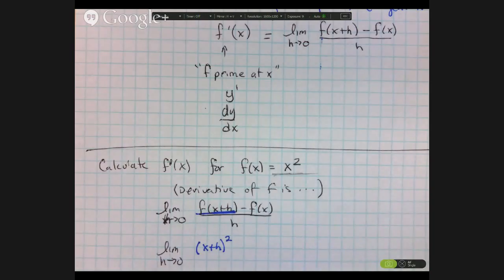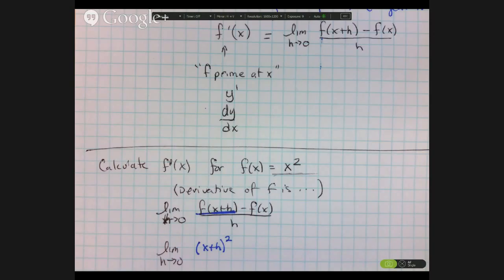I've taken x plus h and put it in x squared. That's all it is. The whole thing is squared. See that? x plus h? You put it in f. It goes right there. So it's x plus h squared. You're just substituting this in here.